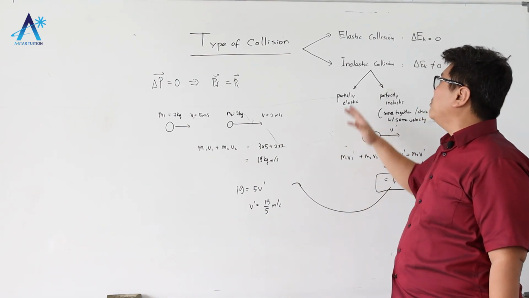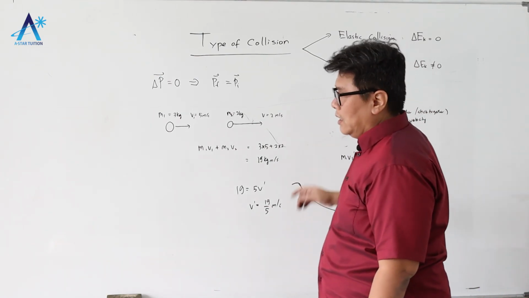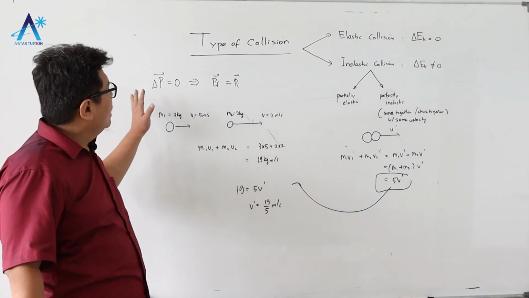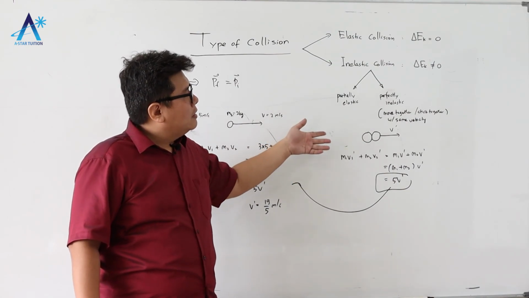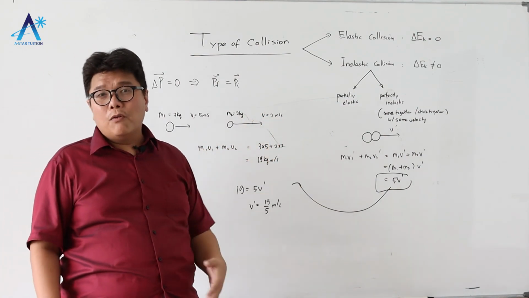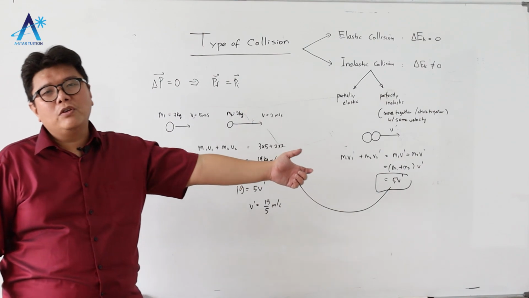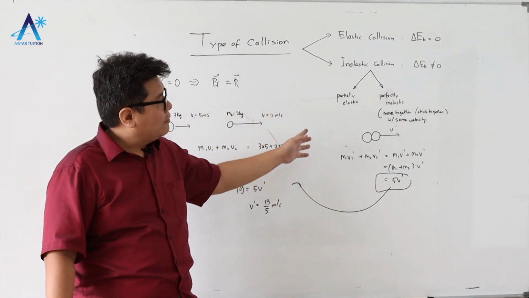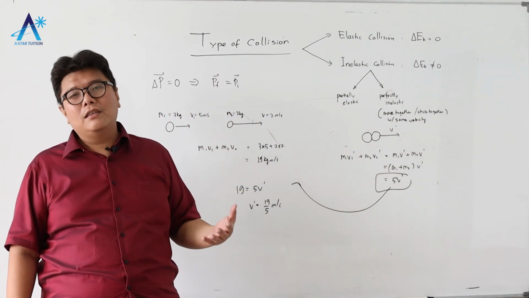Now for the partially elastic one, obviously you cannot solve it with just conservation of momentum. There must be another known quantity, for instance the velocity of one of the particles after collision, before you can solve for the other. And remember, in this case, just like for the perfectly inelastic one, the kinetic energy is not constant.